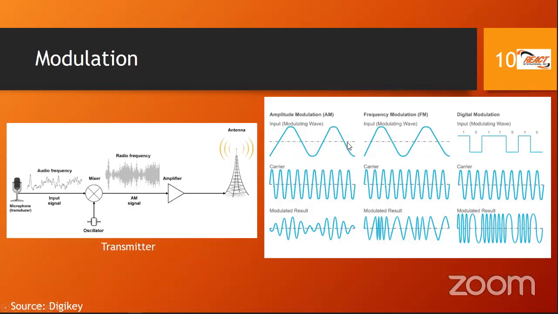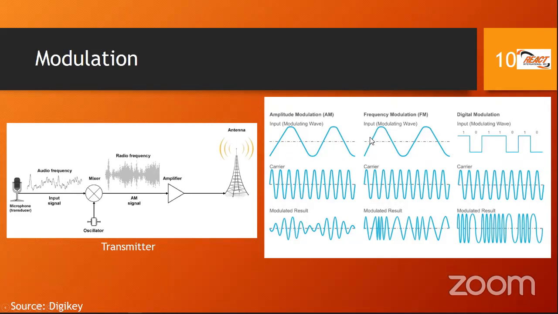But when we apply our voice or the modulating wave to the carrier or the tune frequency, we end up with a modulated result. And this is what goes out over the airways. So this is generated inside of the radio. The amplifier boosts it up to several watts, several hundred watts maybe, and it goes out to the antenna, and the antenna radiates that signal depending on the type of antenna, and another person will receive our signal.